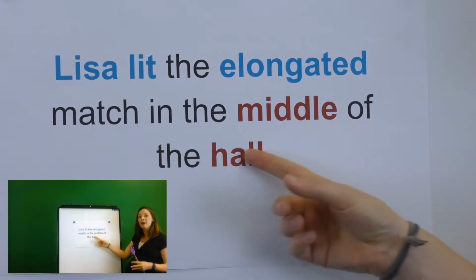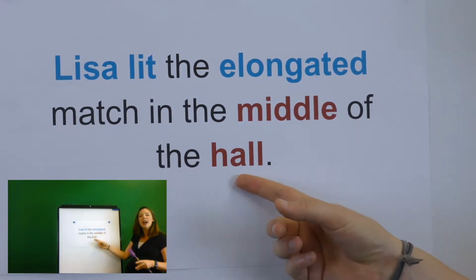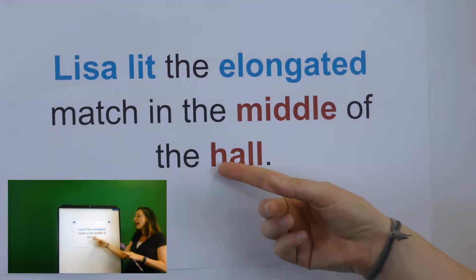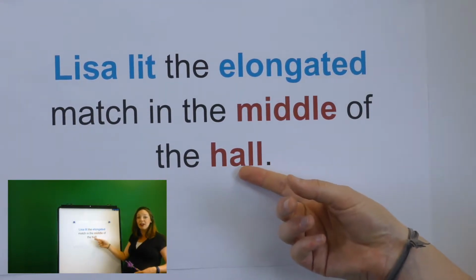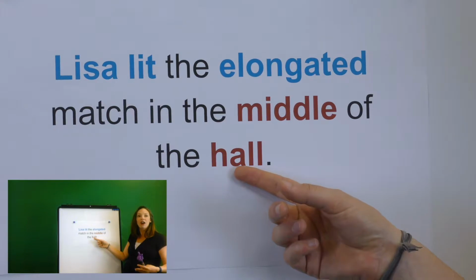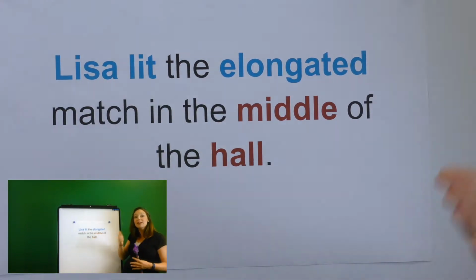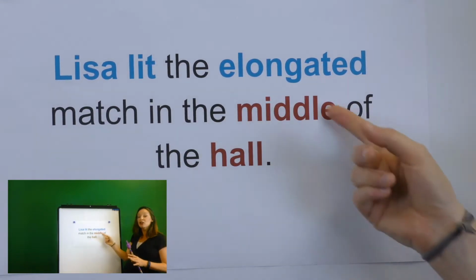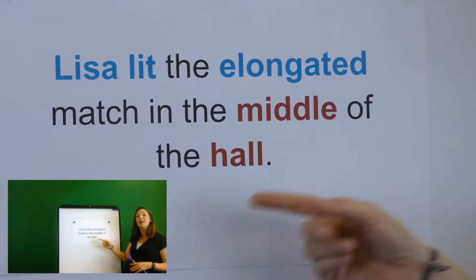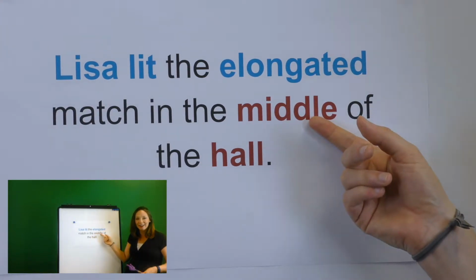And notice how the L is changed by the A that comes before it. Hall. It's almost as if the tongue doesn't even hit the top of the teeth. So these two words, middle and hall, are going to be using the dark L sound.